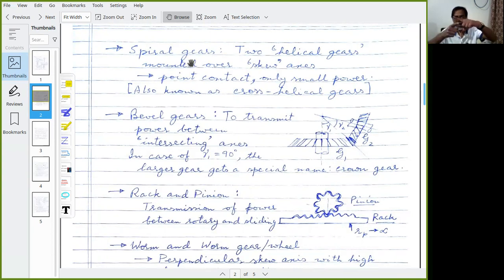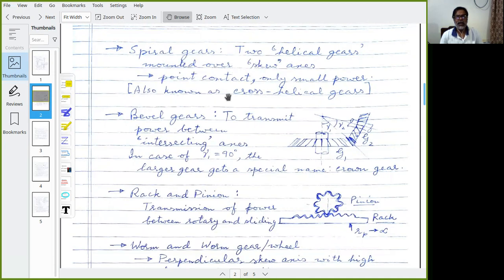So they are mounted in a particular orientation so that there is a contact and possibility of force and motion transfer from one to the other. However, this contact is precarious because unlike other gears, this is not even line contact, this is point contact. And therefore, spiral gears are used for transmission of only a small amount of power.